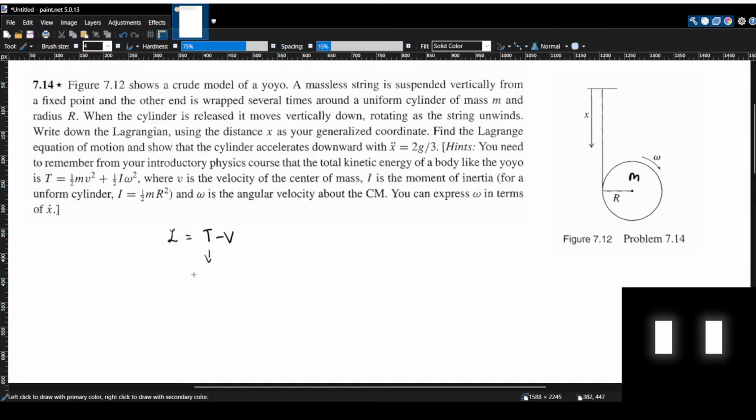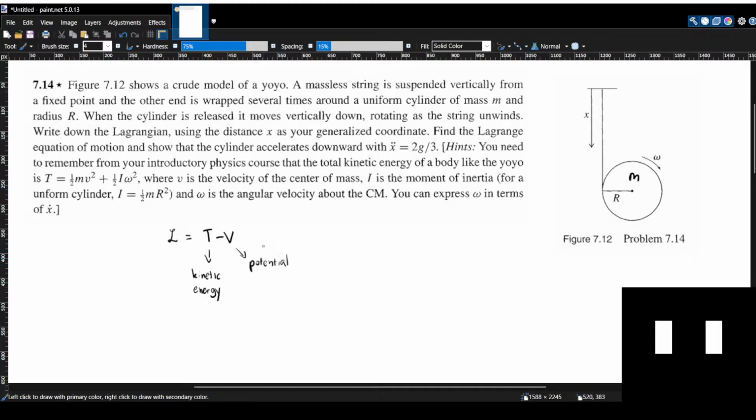In this case, T is the kinetic energy. I don't know why they use T. I think it's translational. And then they use V for potential energy. I don't know why they use V for potential energy either.